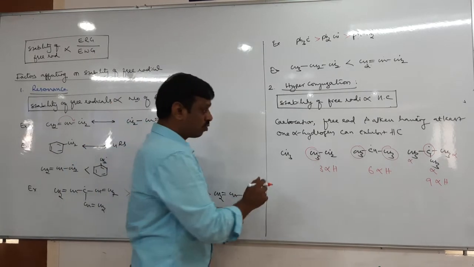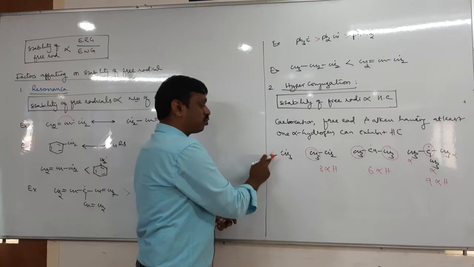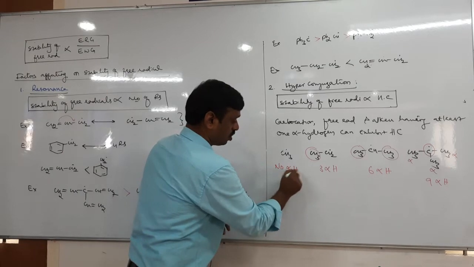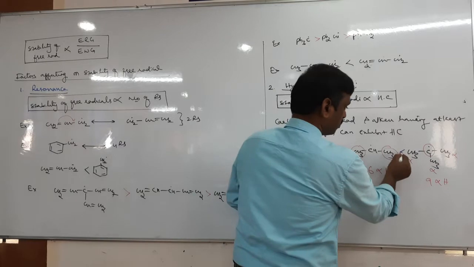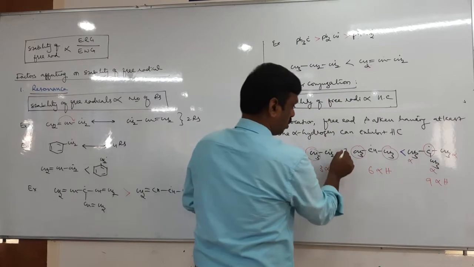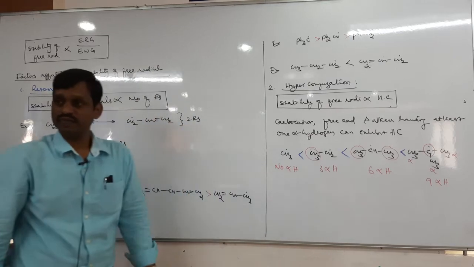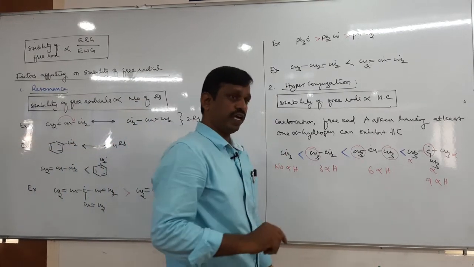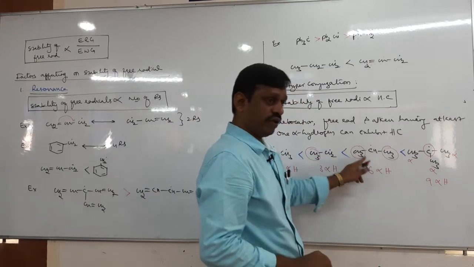So alpha hydrogen means there should be at least one carbon adjacent to the radical carbon, and on that carbon there should be a hydrogen. Therefore here no alpha hydrogen. Now tell me which is most stable? 9 alpha hydrogens is most stable compared to 6, then 3, then no alpha hydrogen. The same thing we studied in carbocation: tertiary is most stable, then secondary, then primary.